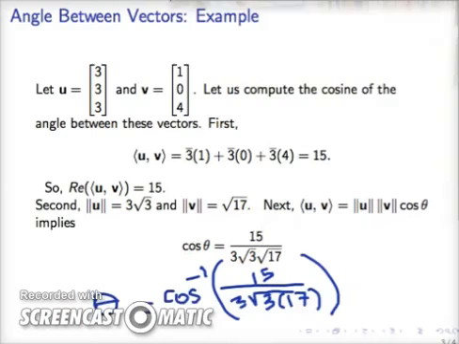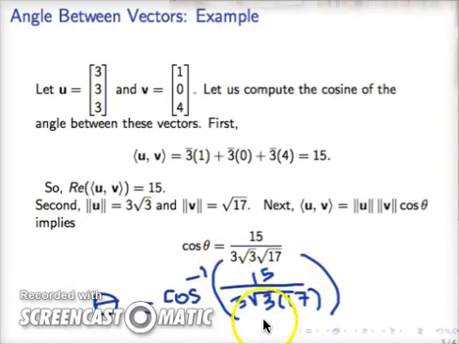So solving for theta here becomes the arc cosine, or cosine inverse, of the number 15 divided by, and this is a long denominator there, you can write 3 times the square root of 3 times 17.